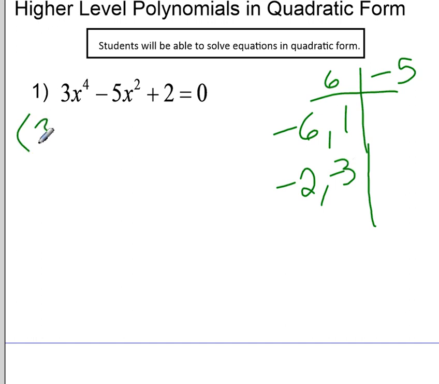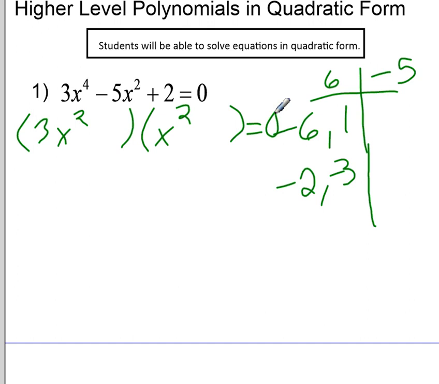So first times first is 3x squared times x squared. Okay. So again, notice my first times first has to equal 3x to the 4th. So I'm breaking that down into x squared and x squared. Outer times outer has to be a multiple of 3.